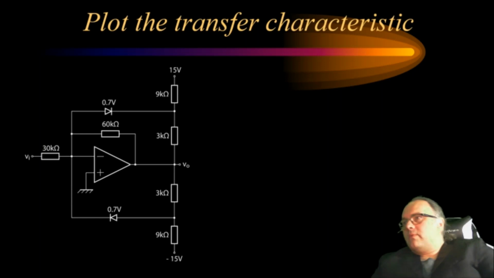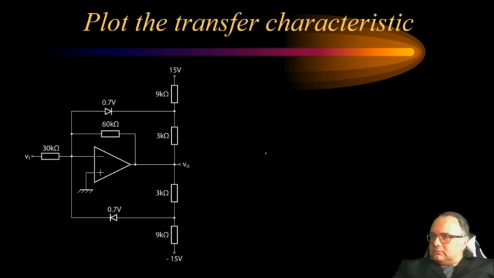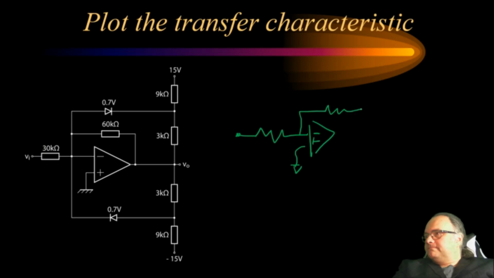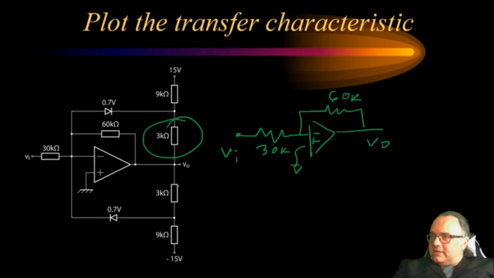And when one of the diodes is turned on, my circuit will be like this. 60 kilo ohm and then 30 kilo ohm. And one of these, either this diode or this diode, will be in parallel with the 60 kilo ohm.